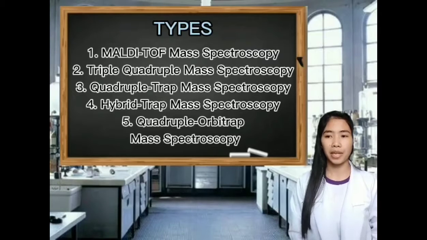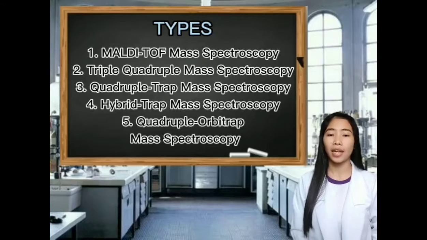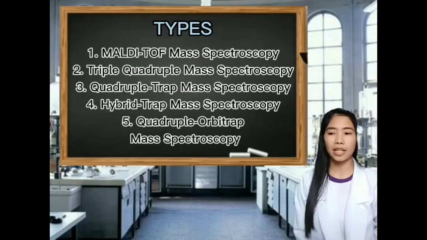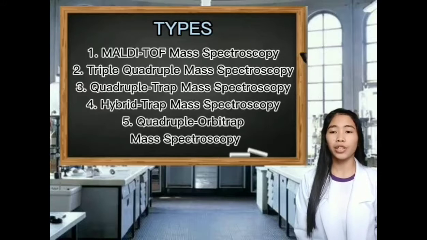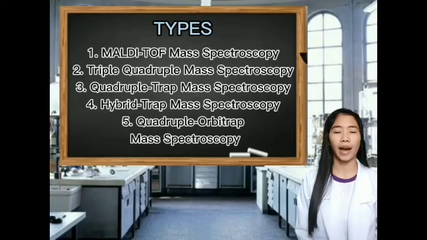So the third would be the quadrupole trap mass spectrometry, because it is a hybrid. This instrument retains the classical triple-quadrupole scan function and it is used for sensitive ion trap experiments. The fourth one is the hybrid linear ion trap Orbitrap mass spectrometry. It combines a linear ion trap and a high-resolution Orbitrap.